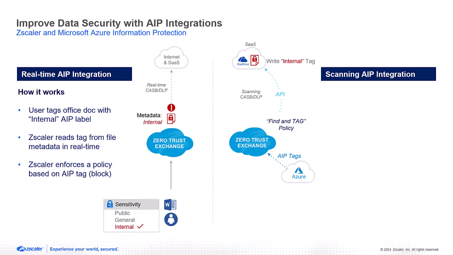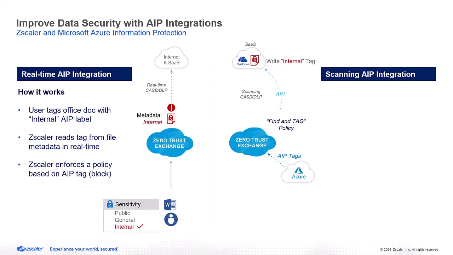Now, why is reading a label important? If the end user is putting an AIP label on the endpoint, when that data comes to our proxy in the cloud, we can read that label off of the document properties and metadata of the document, and then we become an enforcer.